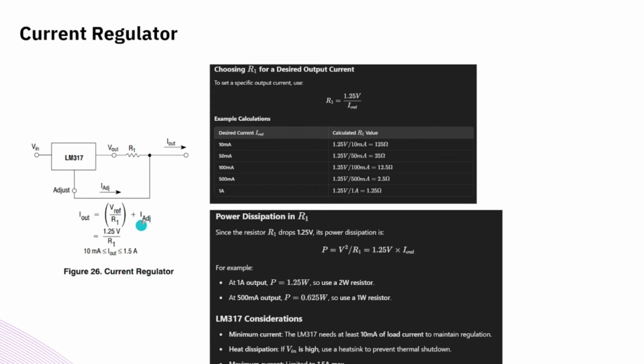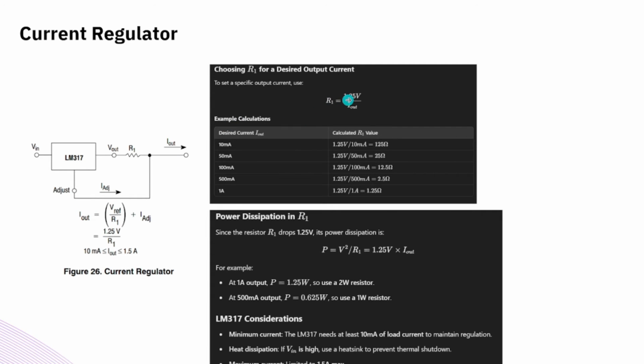So we can ignore this. The moment you ignore this, I out is 1.25 volt by R1. Now this LM317 can give an output current from 10 milliamps up to 1.5 amps. So with a change in R1, you can control the I out.